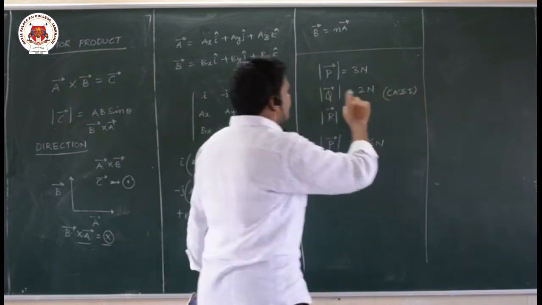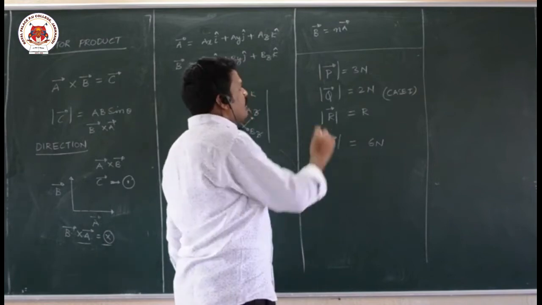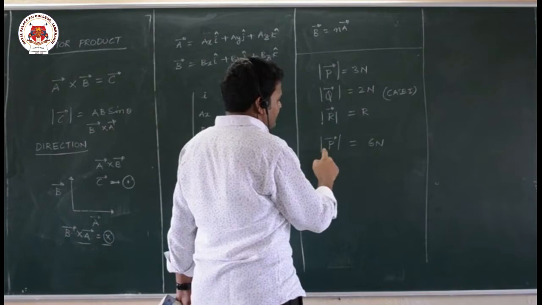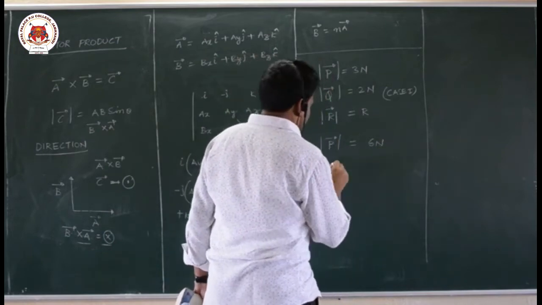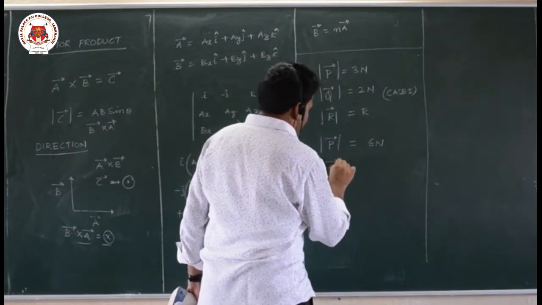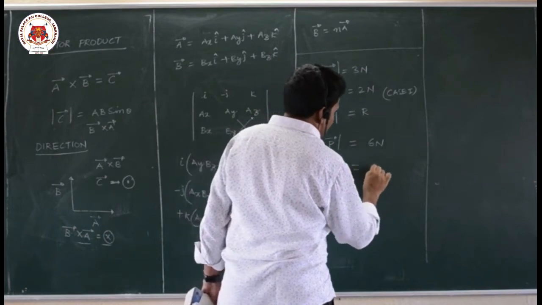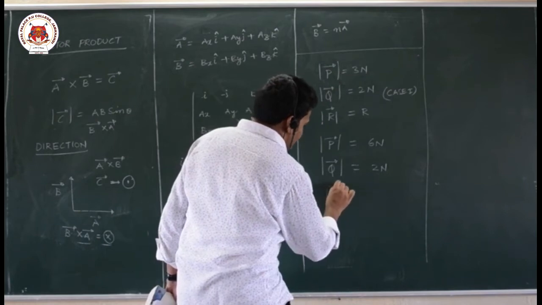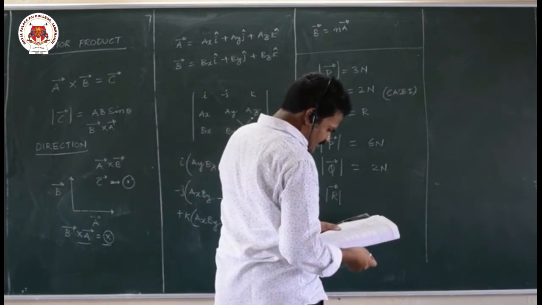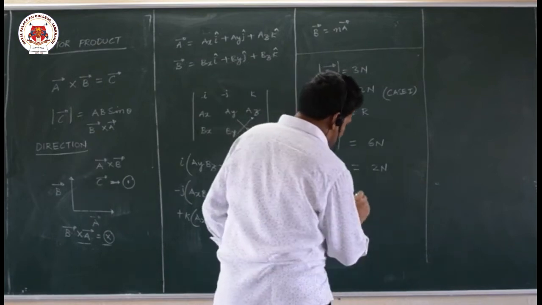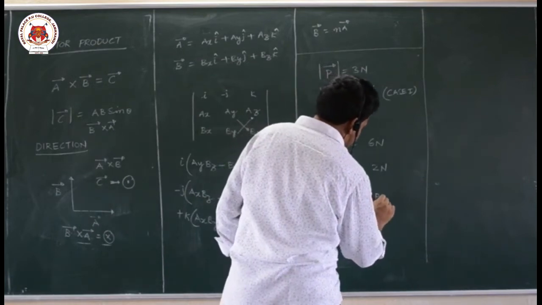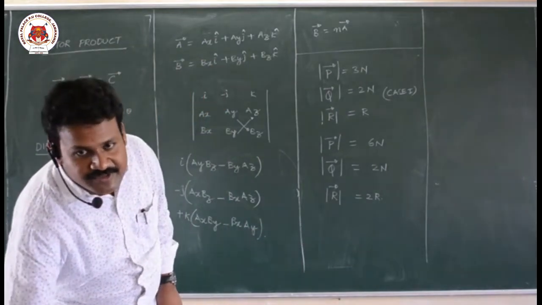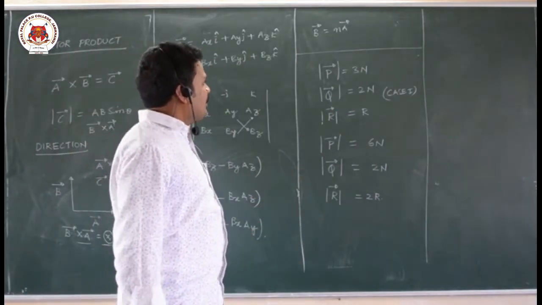In case 1, when P is 3 Newton and Q is 2 Newton, the resultant is R. In the second case, P bar is 6 Newton and Q bar is kept the same at 2 Newton, and the magnitude of the resultant is given as 2R. So this is the question asked. Now what is asked: find the value of theta.